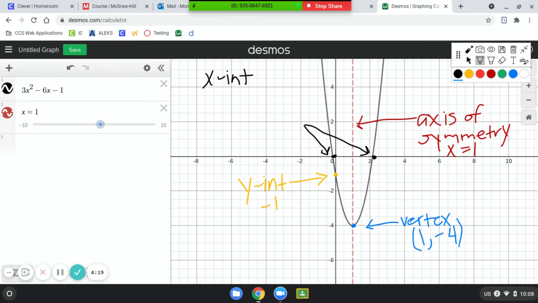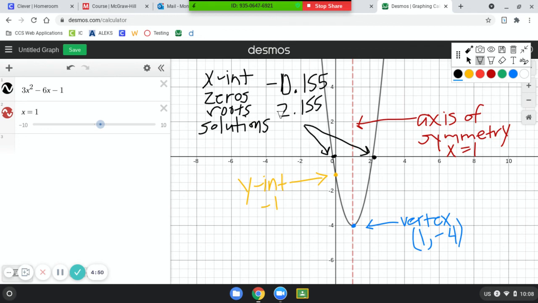They have 4 names. So they are also called zeros. Sometimes they are called roots. Other times they are called solutions. And in this case, we had -0.155 and 2.155.